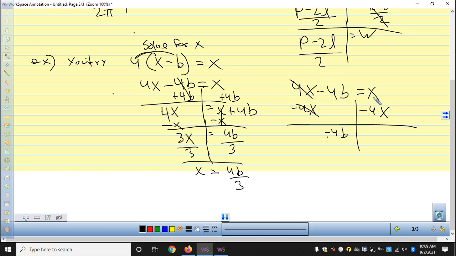These go away, and I get x minus 4x is negative 3x. And then I divide by negative 3, and I get x equals negative 4b over negative 3. Well, what's a negative divided by a negative? A positive. So they're the same thing. Yes.